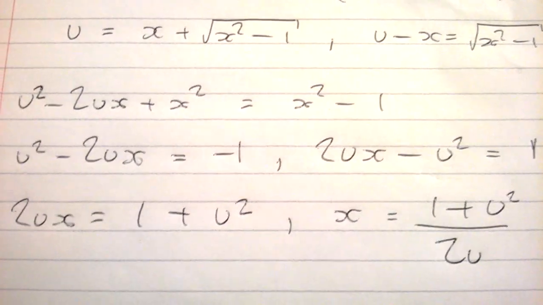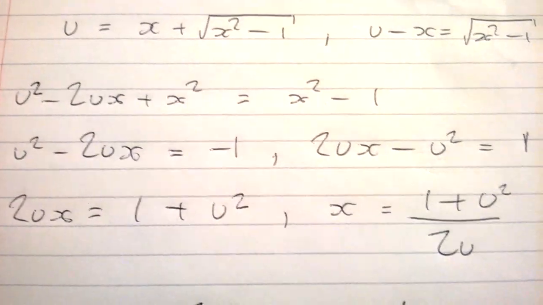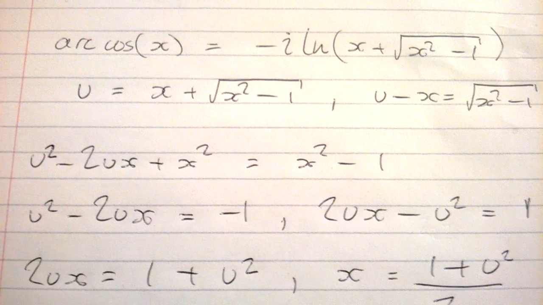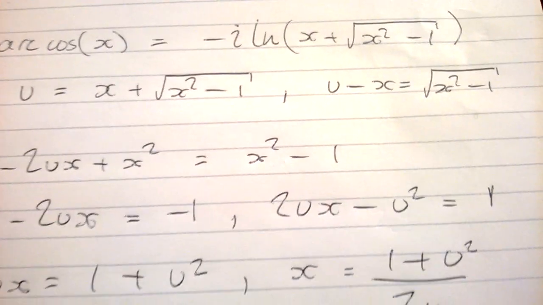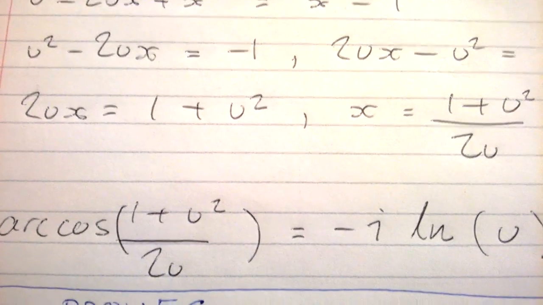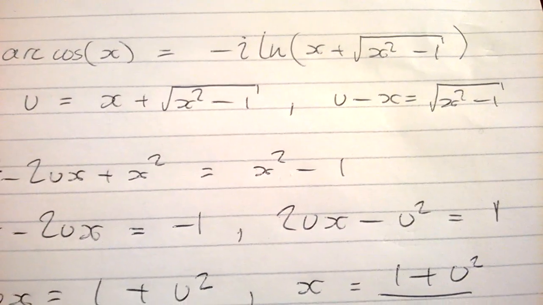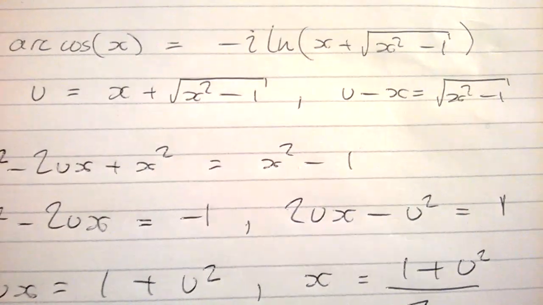Okay, so this x equals (1 plus u squared) over 2u. If you put that back in the top equation, that means the arccos of x, which is the arccos of (1 plus u squared) over 2u, go back to the top, that's minus i times the natural log of x plus root x squared minus 1.